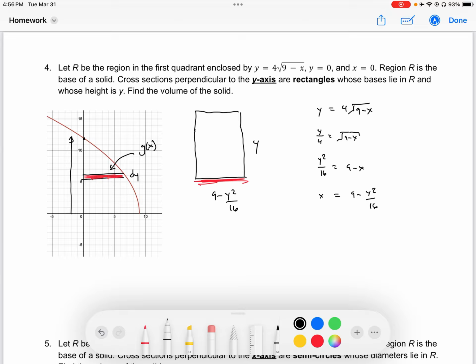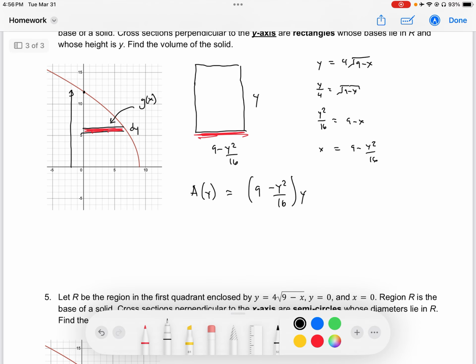So what's the cross-sectional area of this thing? Well, the cross-sectional area, A of y in this case, is the base times the height, and then we'll have to multiply by dy so that it has a little bit of thickness. Remember that this is going to be however far it comes out of the board, so it comes out of the paper like that.